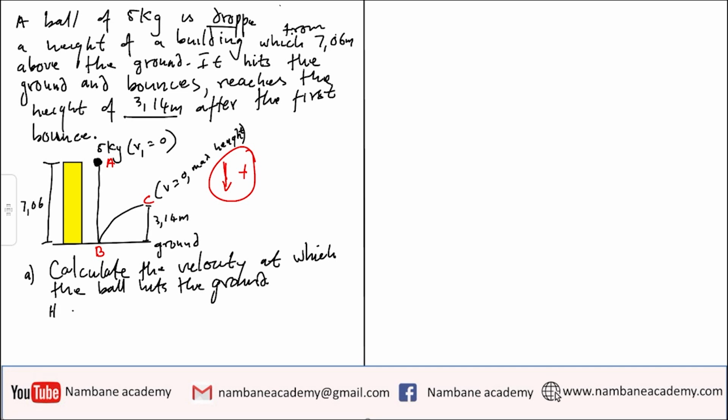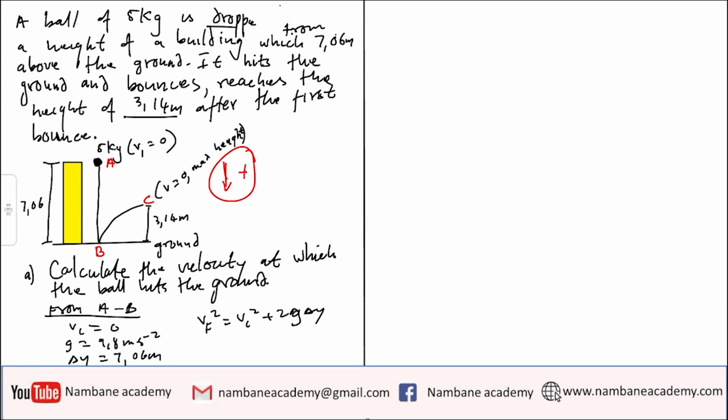So I'm just going to say from A to B. What do I have? V initial is 0, g is 9.8 meters per second squared. Do I have delta y? Yes, it is given, 7.06 meters. Then the correct equation here: V final squared equals V initial squared plus 2g delta y.